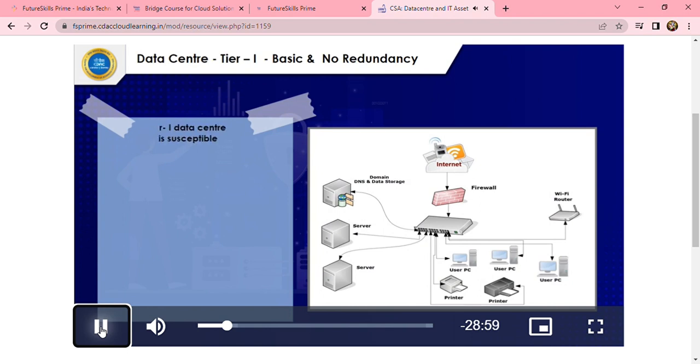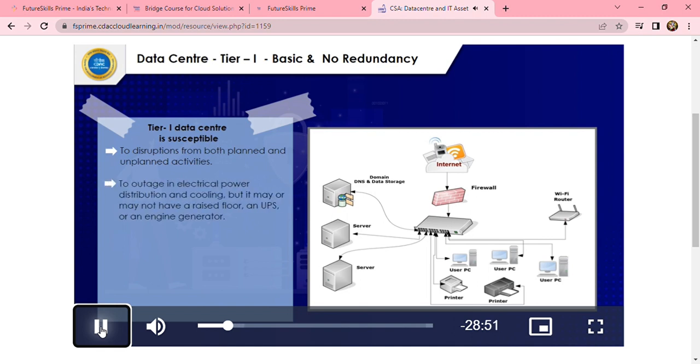Tier 1 data center is susceptible to disruptions from both planned and unplanned activities, to outage in electrical power distribution and cooling, but it may or may not have a raised floor, a UPS, or an engine generator. If UPS or generators happen to be single module systems, they may manifest into single points of failure.